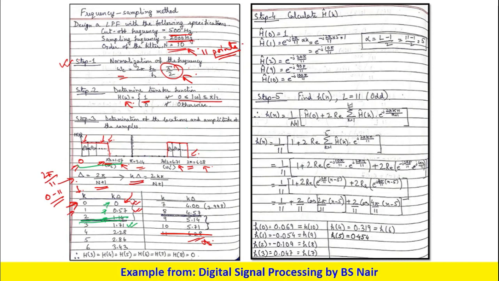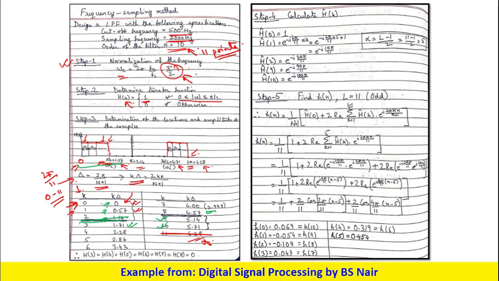Okay. And again, if you see 3 pi by 2, it has a value of 4.71. So this 4.57 is outside the range. Okay, but 5.14 is within the range. So we will be taking this 9, 10.